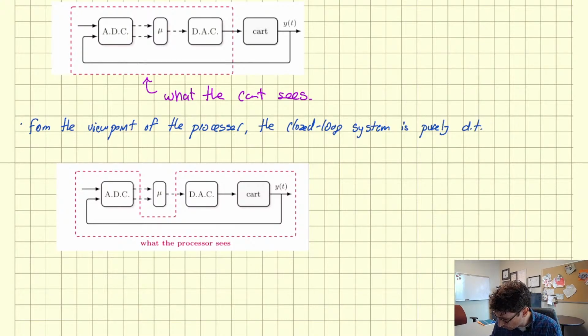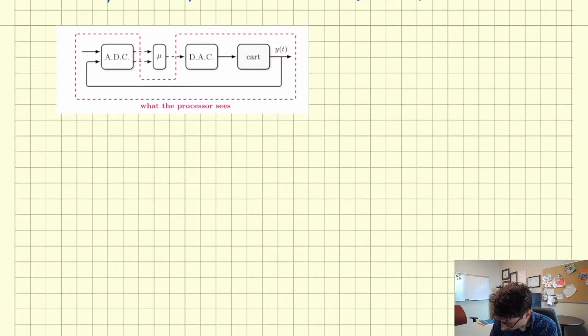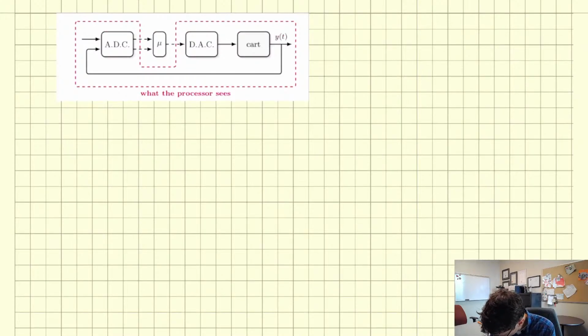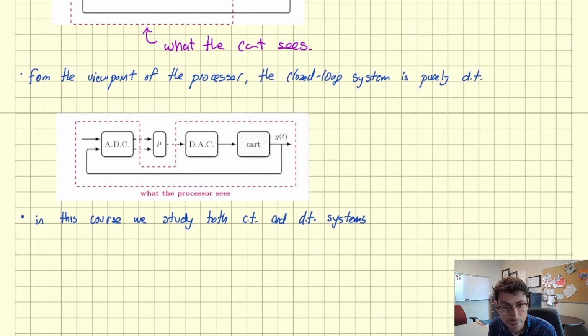Okay, so let's wrap up this example and say the following. In this course, we study both continuous time and discrete time systems. And in particular, what did I write in purple? I wrote what the cart sees.